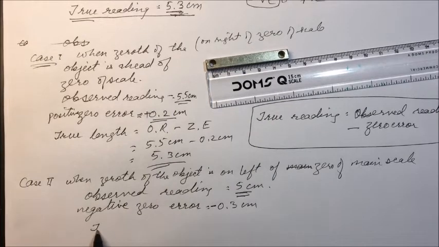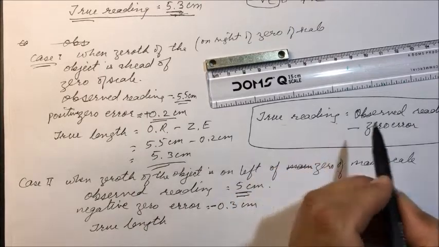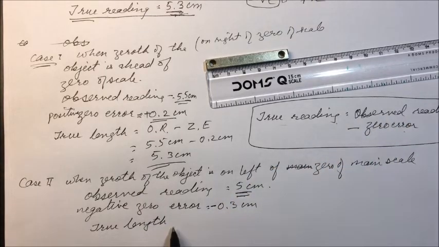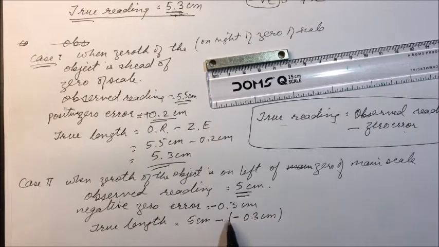Now the true reading equals observed reading minus zero error. So the observed reading is 5 centimeters, minus the negative zero error, that is minus of minus 0.3 centimeters. So minus becomes plus, and it comes out to be 5.3 centimeters.